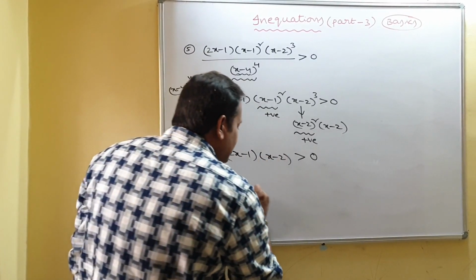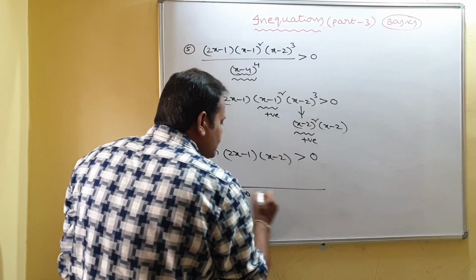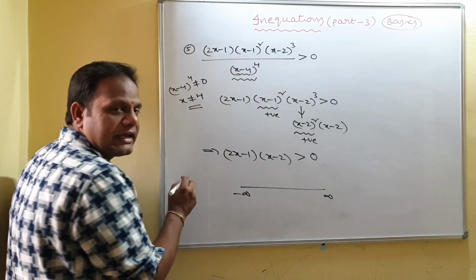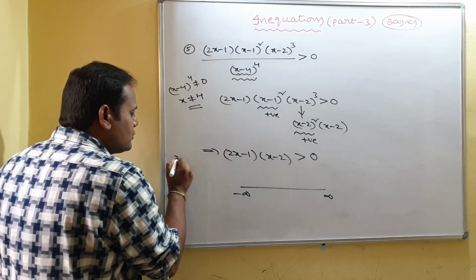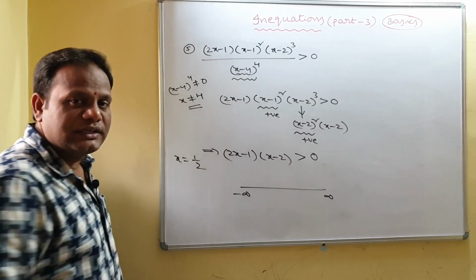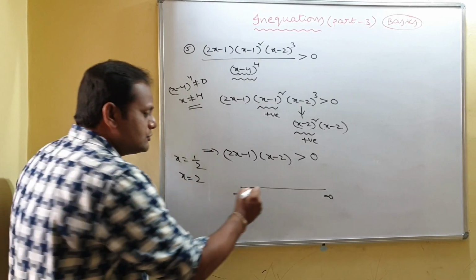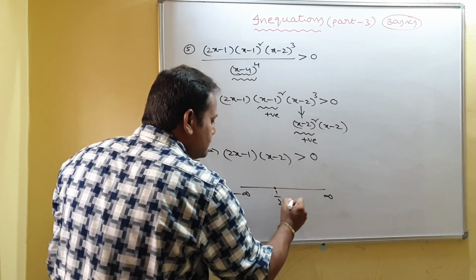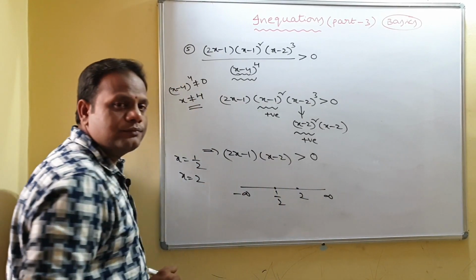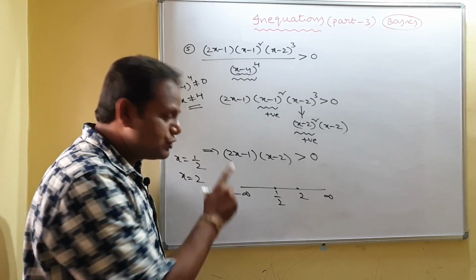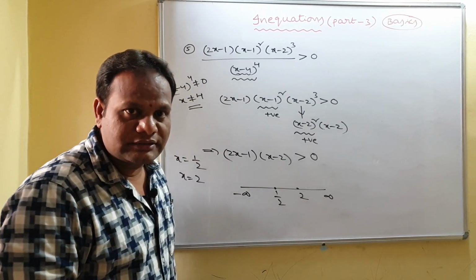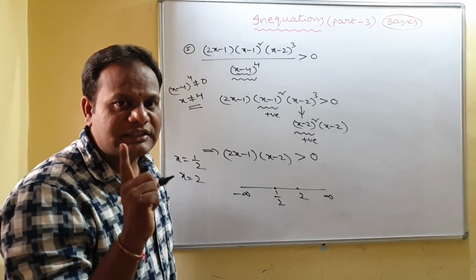Now using the real line, we give the answer. First you have to take x values. From this you can take x equal to 1 by 2, and from this x equal to 2. So here we have 1 by 2, here it is 2. Next, you should check x coefficients. All x coefficients must be positive.